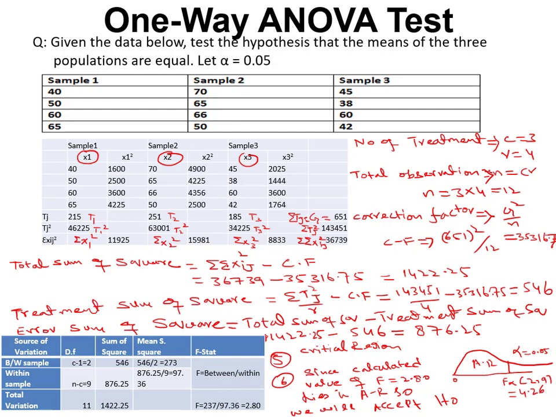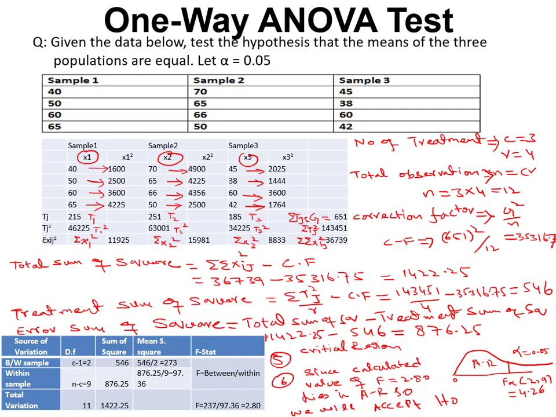The total sum of square formula is the double summation of xij square. So now you need to take the square of these: 40 square, 50 square, 60 square and 65 square. Similarly, this one is 70 square, 65 square, 66 square and 55 square. Similarly, this one is 45 square, 38 square, 60 square and 42 square.